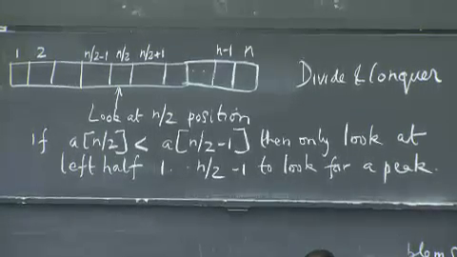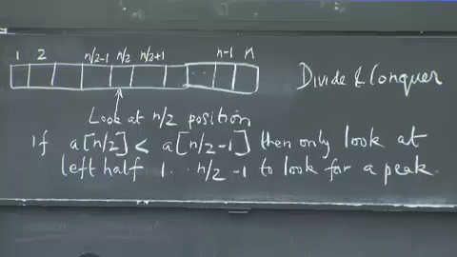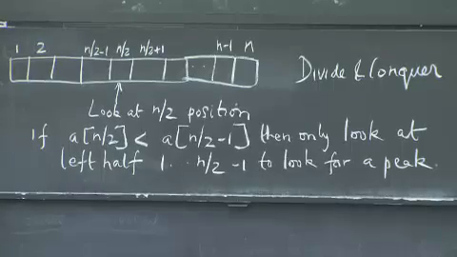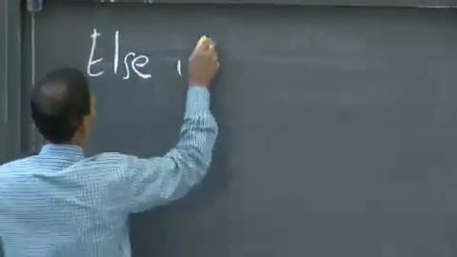And so what I've done is, through that one step, if you have that condition, a n/2 is less than a n/2 minus 1, then you move to your left and you work on one half of the problem.